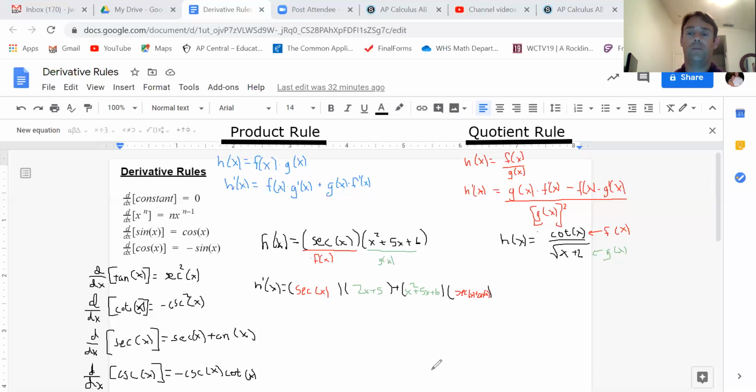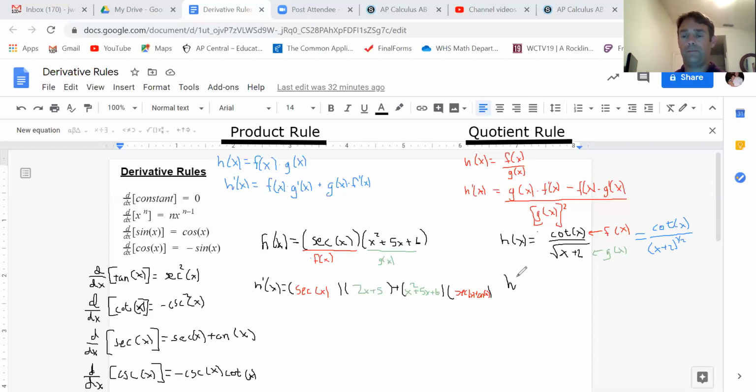Secant x tangent x. All right, well, I'll tell you what, on this one, before I even begin to solve this last one here, I'm going to rewrite that. I'm good with the cotangent of x, but I do not like that square root. Friends, I am an exponent guy. We're going to make that x plus 2 to the 1/2.